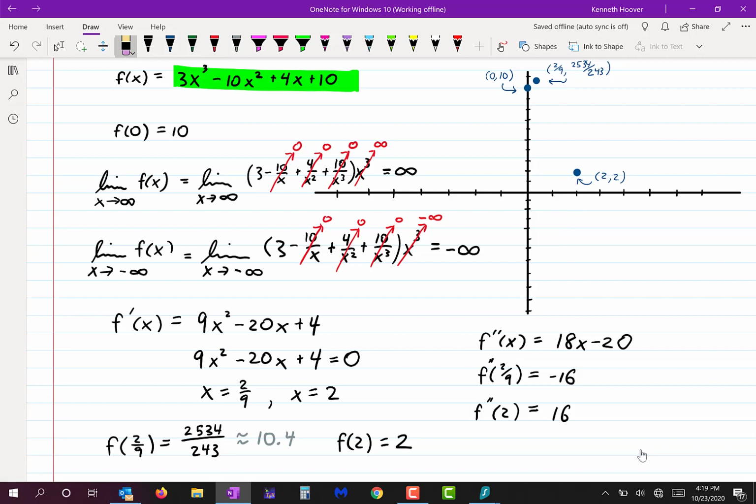Okay, here's something else I would like to point out. Where does f prime change from positive to negative? It's negative when x is 2/9, and it's positive when x is 2. So somewhere in between it must have changed from negative to positive. Let's figure out where. Where will f double prime equal 0?